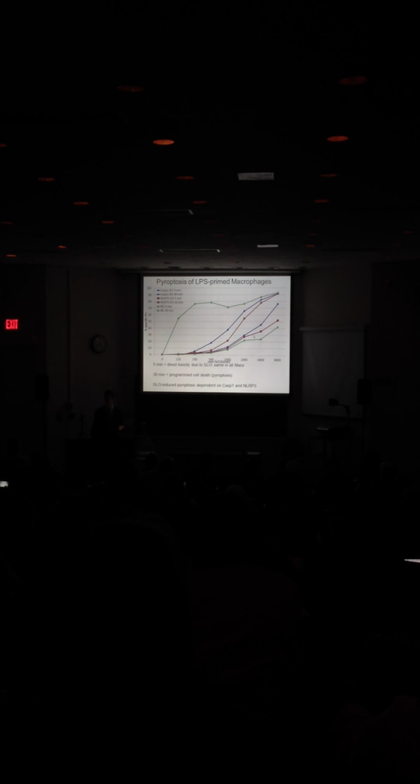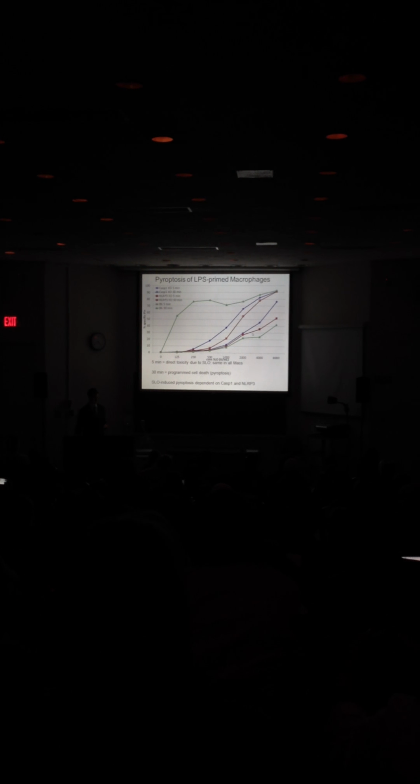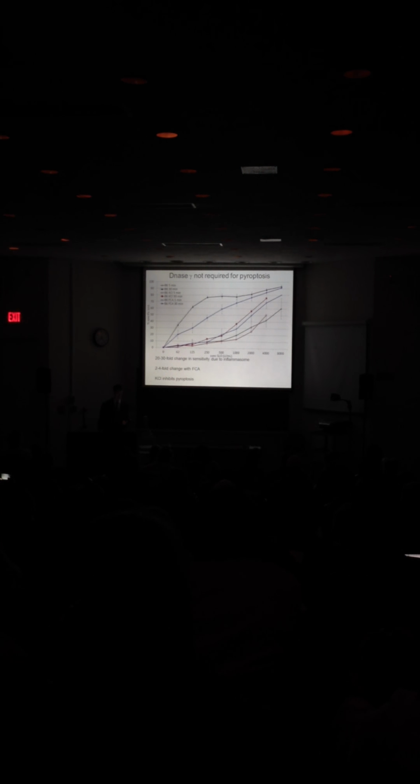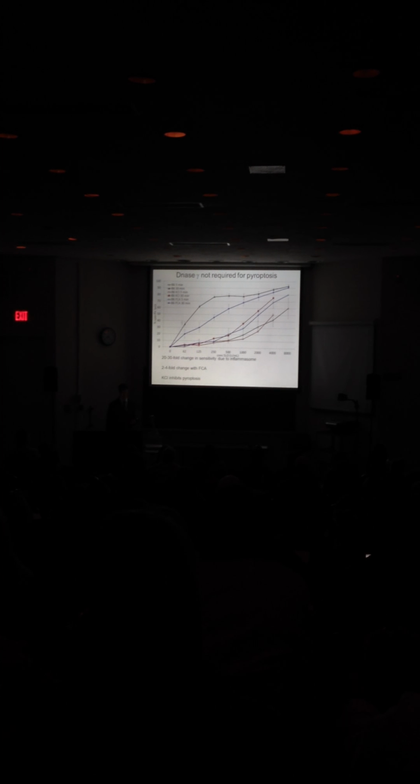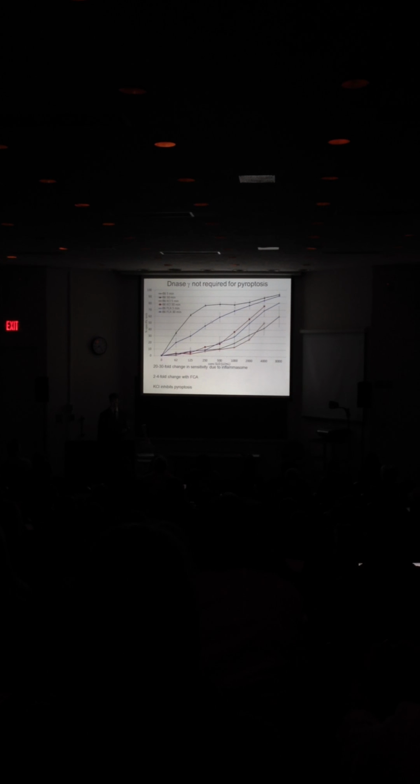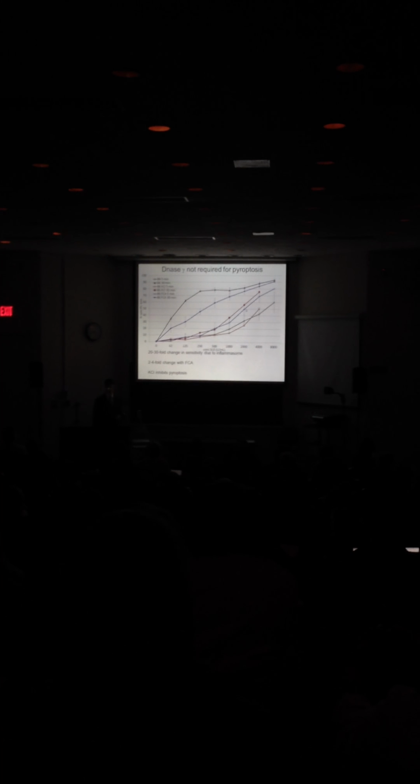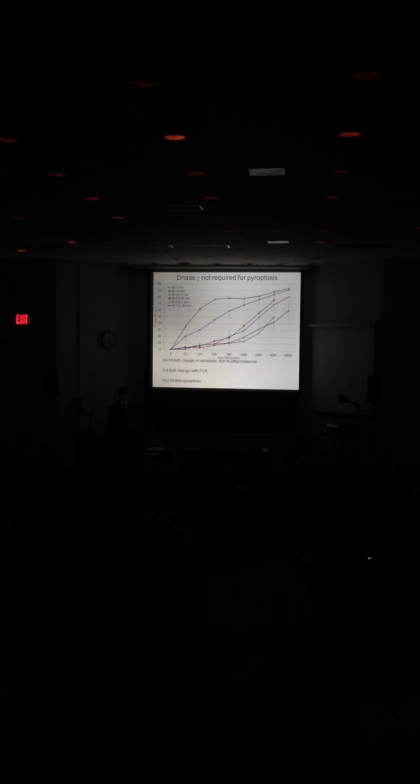We can now ask, is DNase gamma necessary for pyroptosis? The short answer is no. In the trace I showed you before, the cells are very sensitive. When we add the DNase gamma inhibitor, we get maybe a 2-fold change, but this is not the 20 to 30-fold change that we see with the knockout macrophages, or if we inhibit the inflammasome with potassium chloride, which inhibits inflammasome activation, where we still see a very broad range.